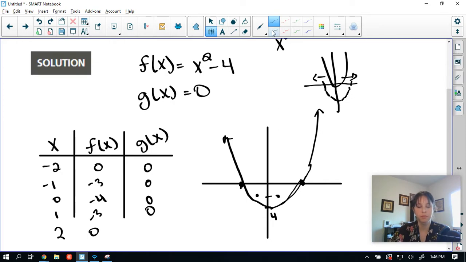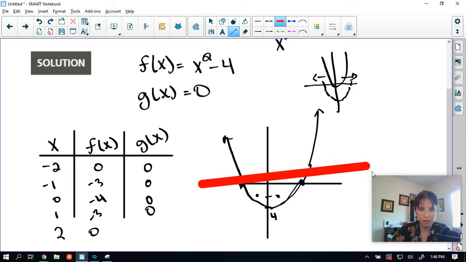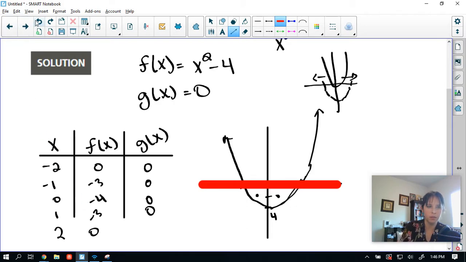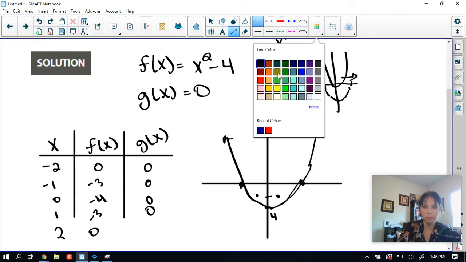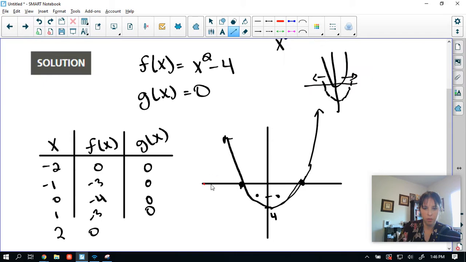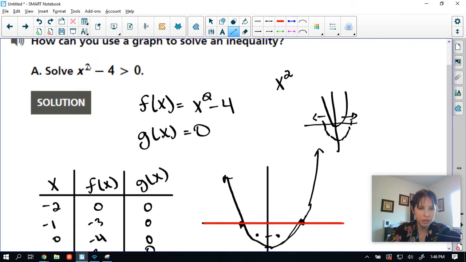All right. And then the second one, the g of x, is going to be right here when y equals 0 for all x values. And what we're looking for is when this function, actually we could probably work off the graph I have. We're looking for when this function is greater than this function.